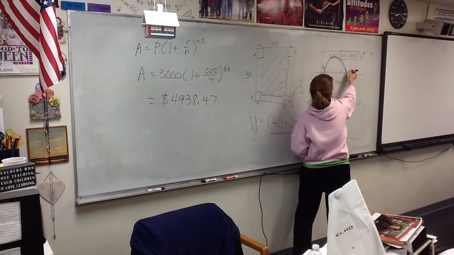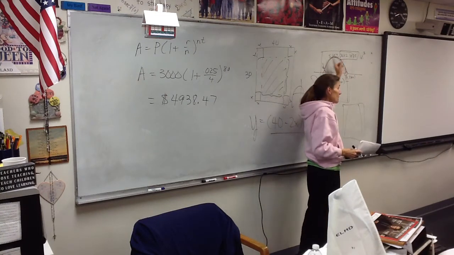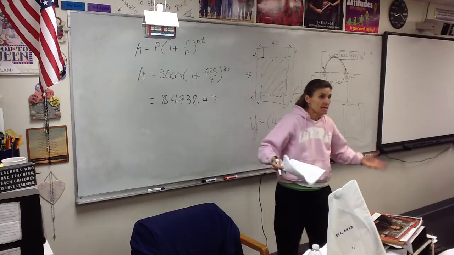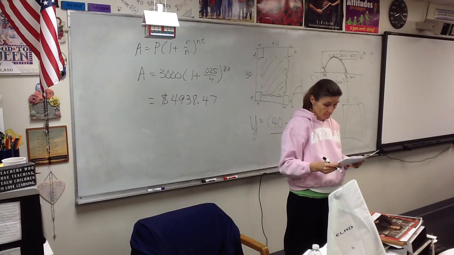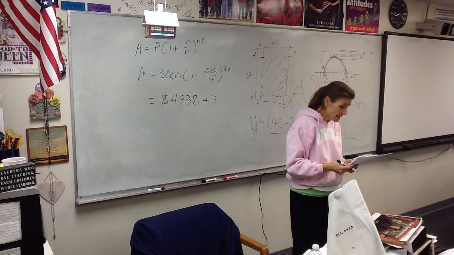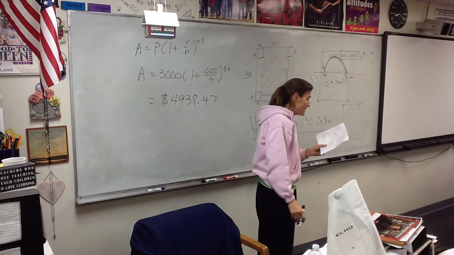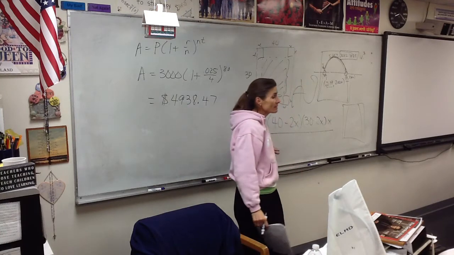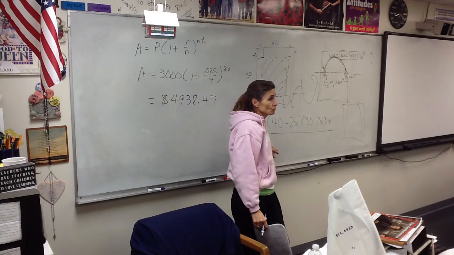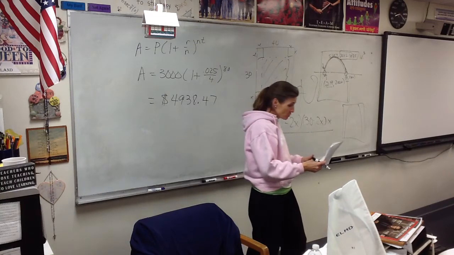In between them. Because what can you tell me about the volume in between them? It's more than 2,000. And finally, what is the domain of this volume function? You've already answered that question. Where x min and max? 0 to 15. That's your domain.